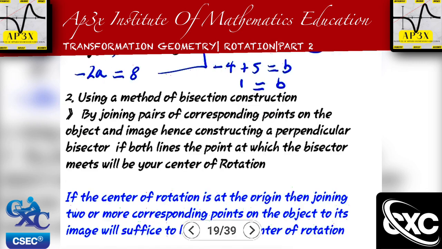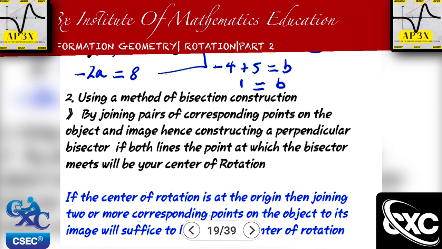All right. Now, it says here that if the center of rotation is at the origin, then you don't have to do the whole construction. Once it is automatically at the origin, then all you have to do is connect the two corresponding points and it will automatically fall in the center.